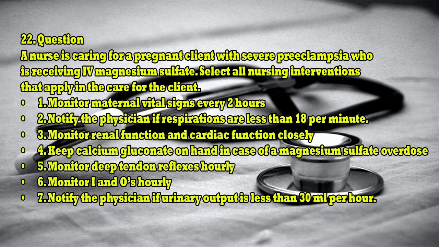Monitor renal function and cardiac function closely. 4. Keep calcium gluconate on hand in case of a magnesium sulfate overdose. 5. Monitor deep tendon reflexes hourly. 6. Monitor I&Os hourly. 7. Notify the physician if urinary output is less than 30 milliliters per hour.